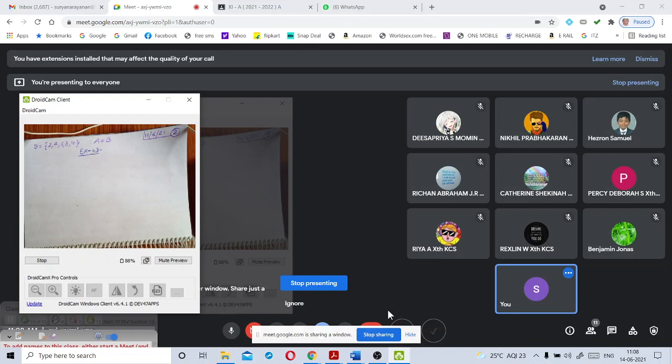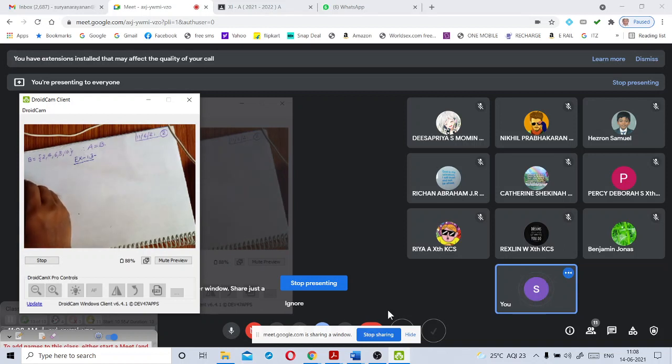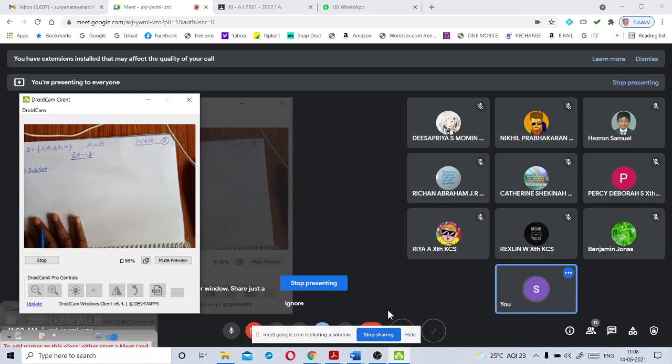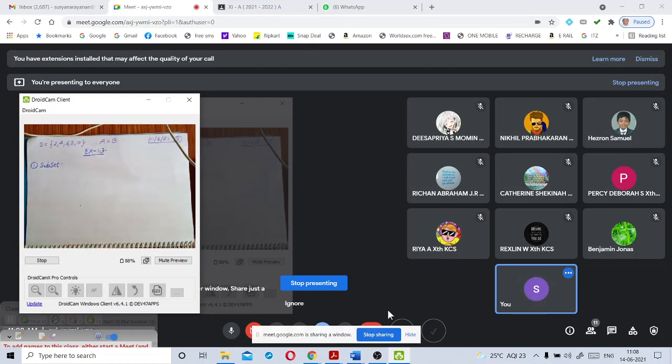Now come to the next concept, that is subset. What is meant by a subset? A set A is said to be a subset of another set B. Are you able to watch the screen, my dear children?